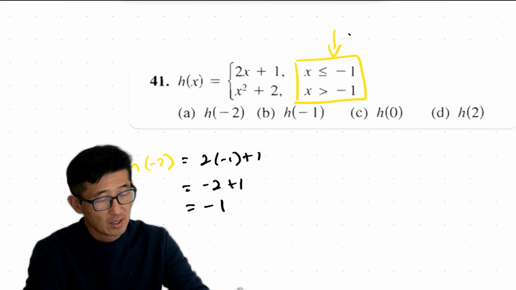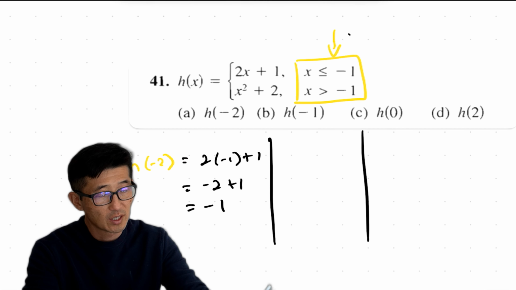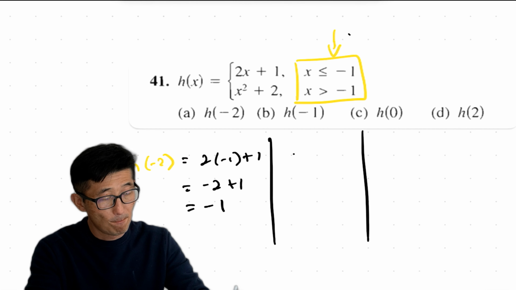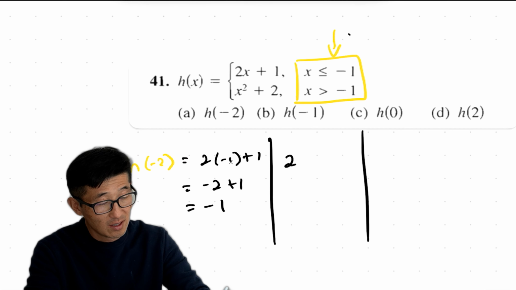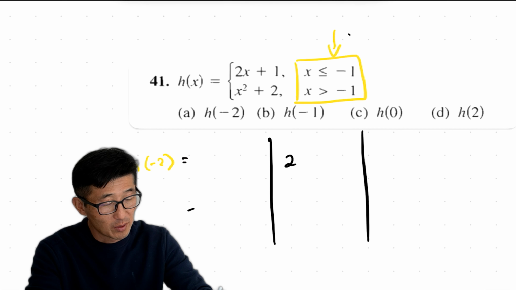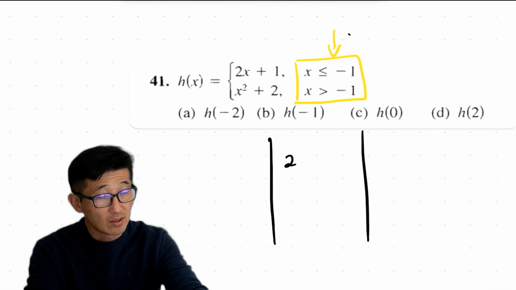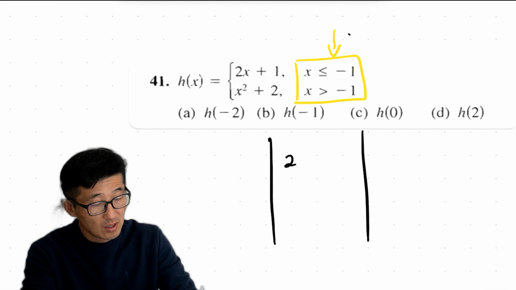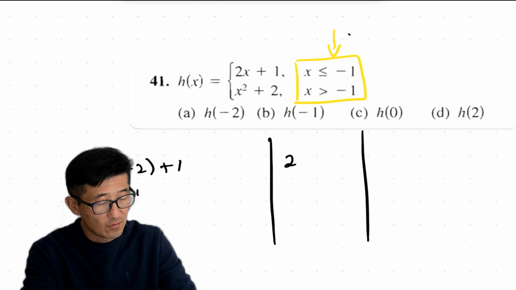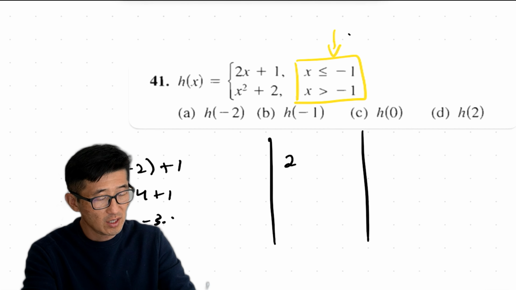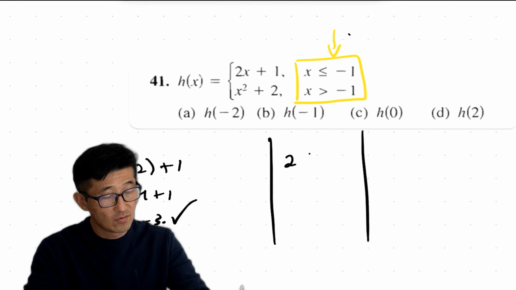Where would you plug in b? Oh wait, you did B already. Again, the wrong numbers in the wrong places. A and B, you want to plug into the first one, the top. 2 times -2 plus 1. -4 plus 1 is -3.